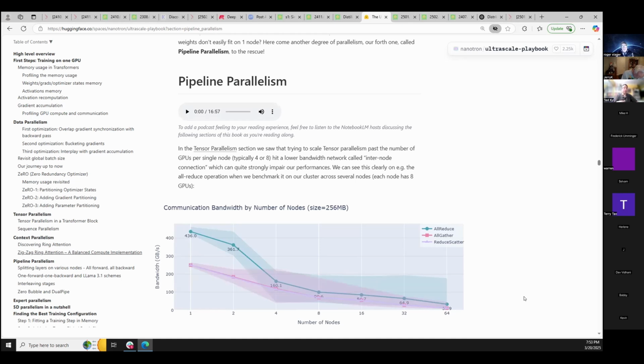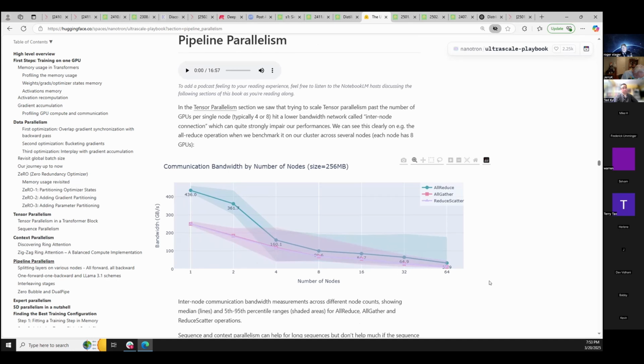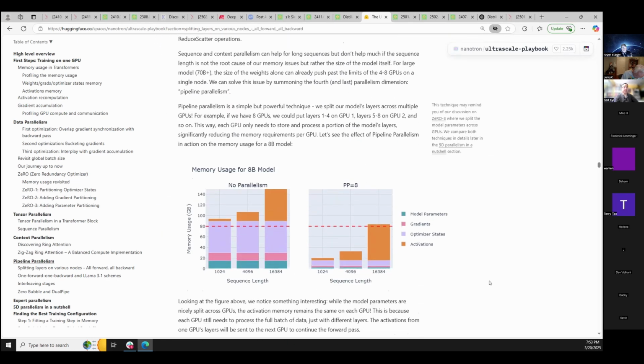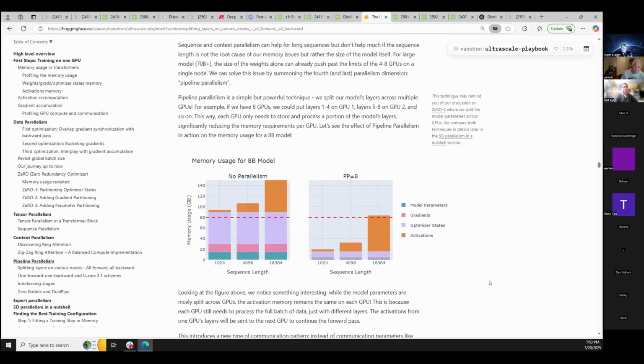I'll put 3 layers on each GPU, and there's going to be fairly minimal communication because we're just passing, between layers in the forward pass the data, and in the backward pass a single activation. So I think that this is a relatively efficient mechanism, and you can see here.